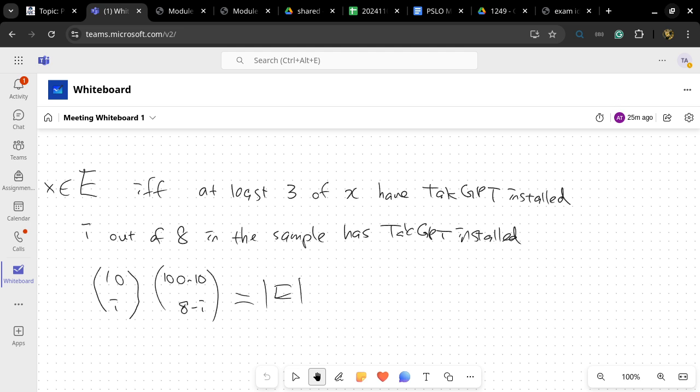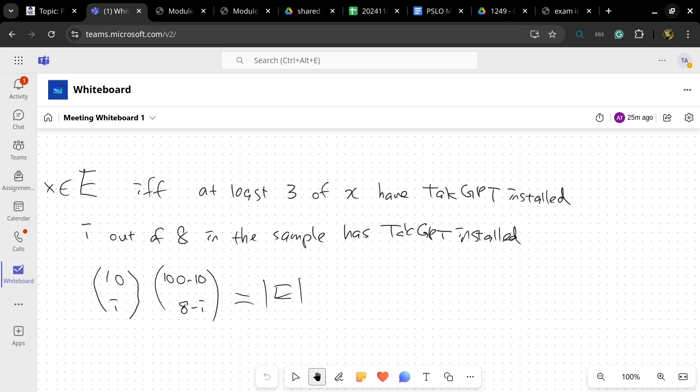So the ratio between the cardinality of E and the cardinality of omega is the probability. Wait, there's a little bit more to this, okay? So this is parameterized using I. So what I actually need to do is the sigma, because there are multiple subsets of the event that I need to do.